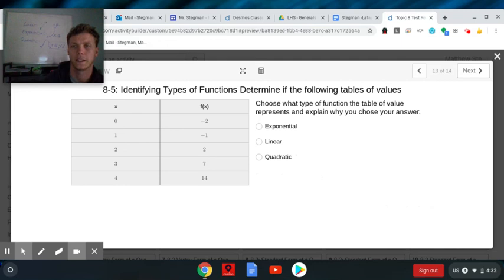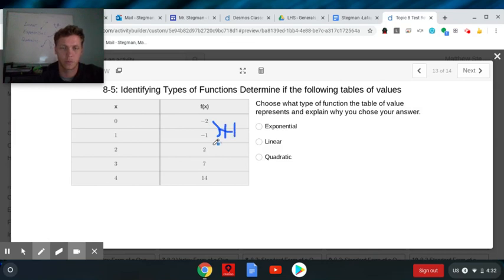All right. Choose what type of function the table of values represents and explain why you chose your answer once again. All right. So now this one, I'm going to write it out. So this one, we can see that from -2 to -1, I am adding 1.